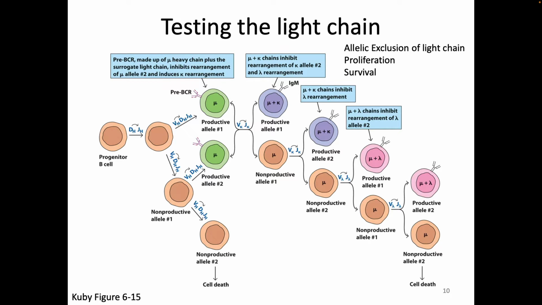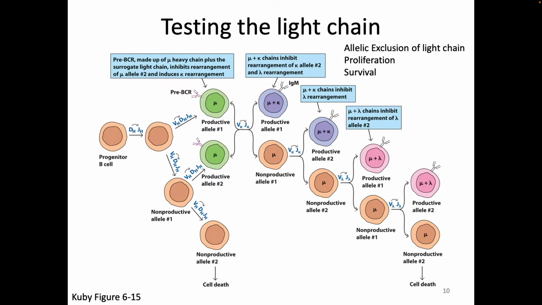When it fails, it tries a second time. Maybe it works. Maybe it fails, and then the cell dies. After we've gotten a successful heavy chain, now we can try kappa once, and then the other kappa, and then we can try lambda once, and then the other lambda. And if it still doesn't work after all that, the cell is going to die because it's not able to get signal.